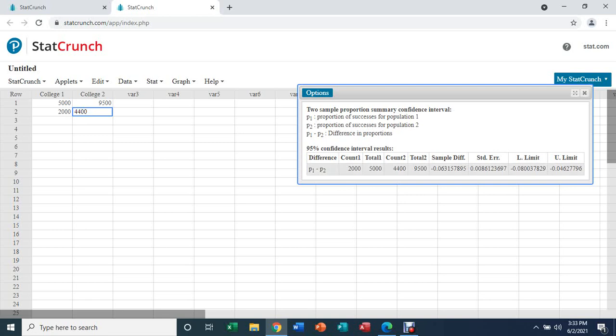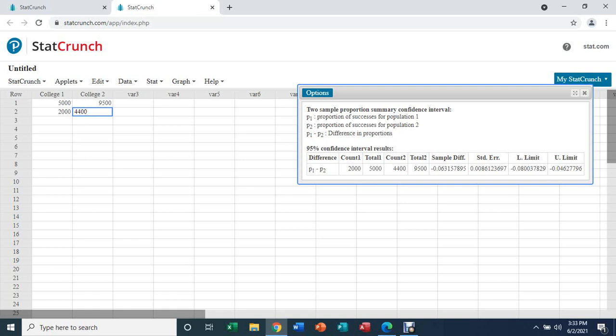Both of these limits are negative. So that means 0 is not in the interval, so there is a significant difference between P1 and P2. Since the lower limit and upper limit are both negative, the difference P1 minus P2 is negative as well.